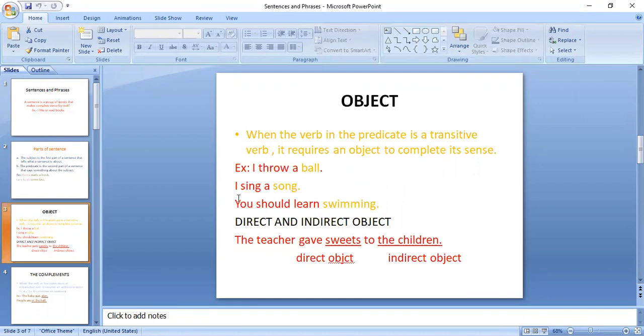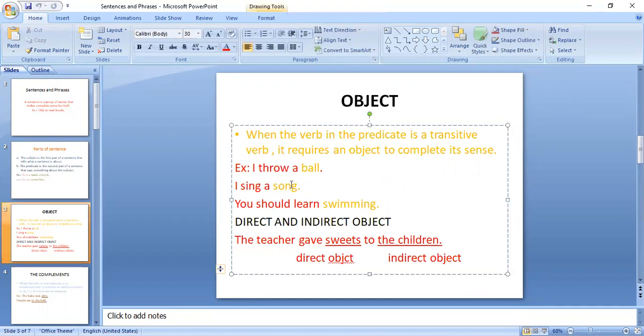When we say I throw, it does not make complete sense. The verb throw requires an object, such as a ball, to make complete sense, right? If I do not write a ball, how could you understand I throw?